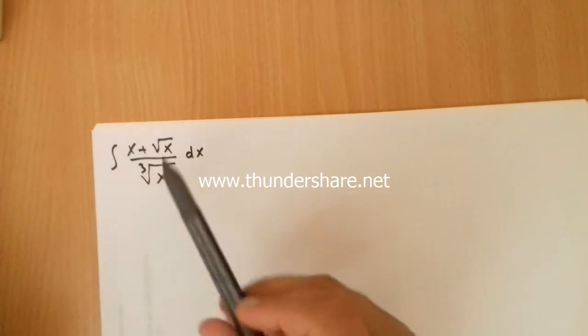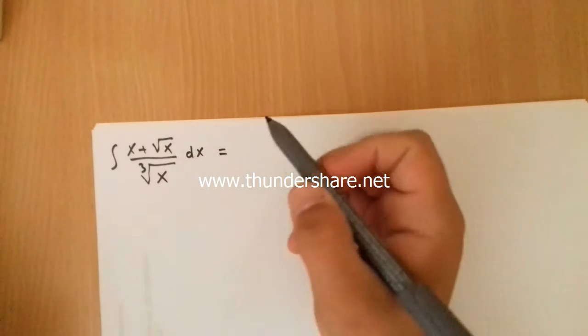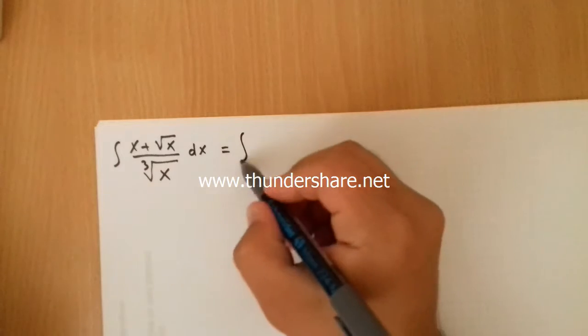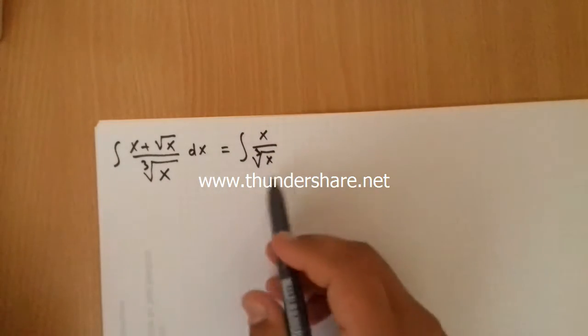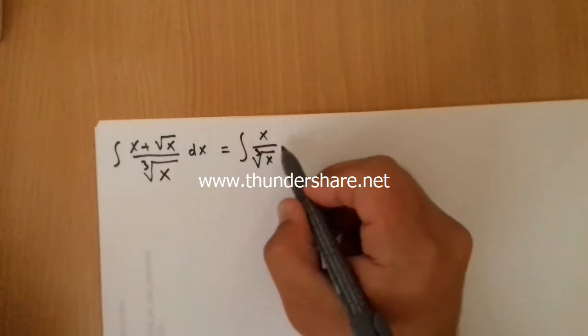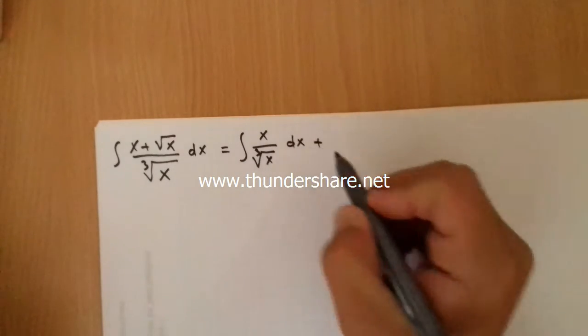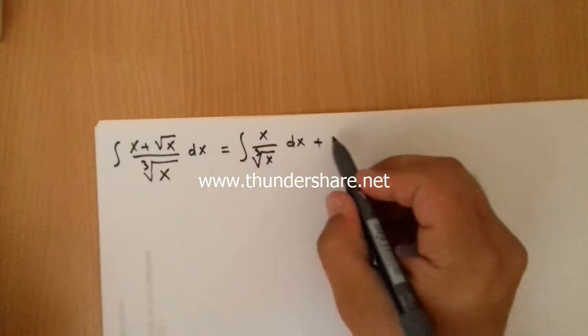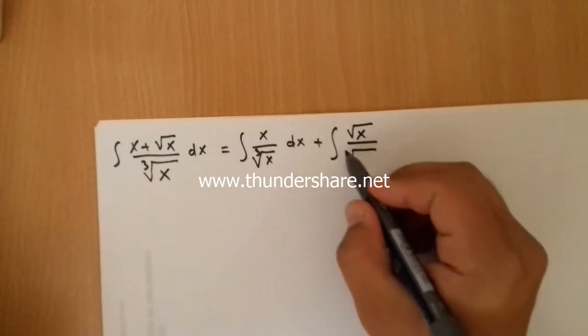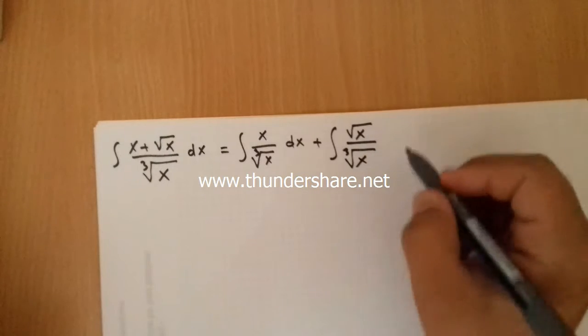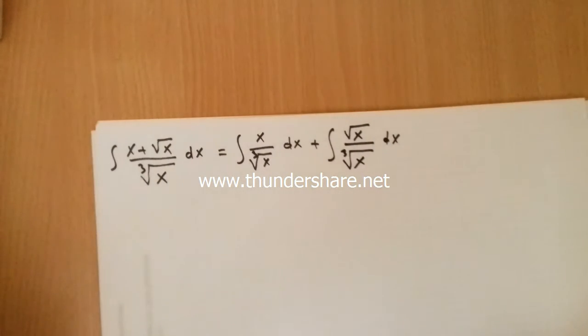So the first thing that we do here is to separate those two things. So we can do it like this: the integral of x divided by the third root of x dx, plus the integral of the square root of x divided by the third root of x dx.